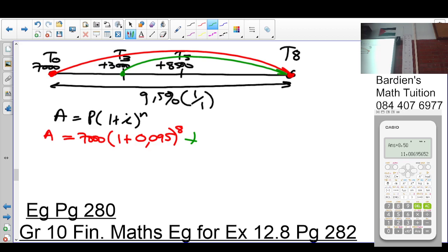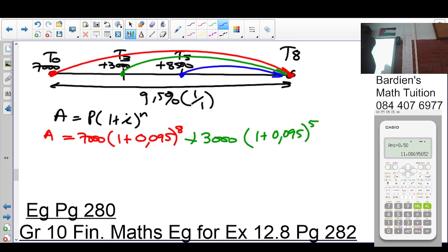So what happens? 3,000 Rand into 1 plus 0,095. And how many years is it from T3 to T8? 5 years. Can you see that, people? Now you write that down for me, what you're going to do from there.